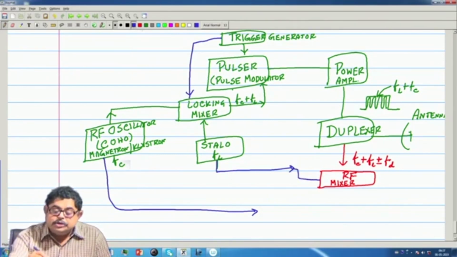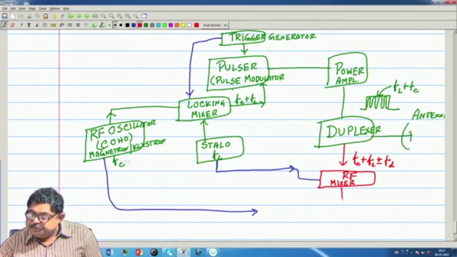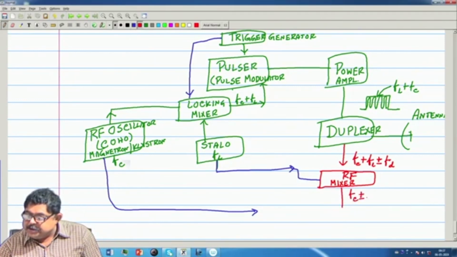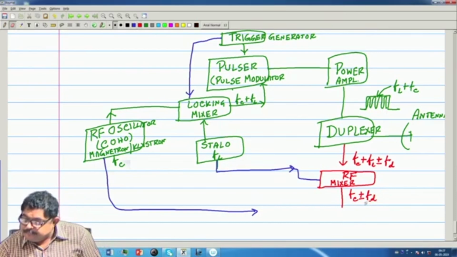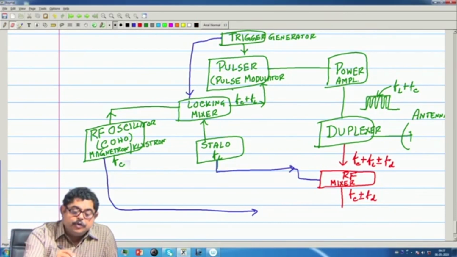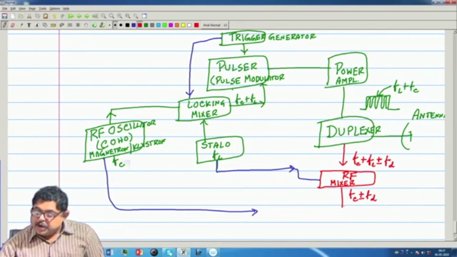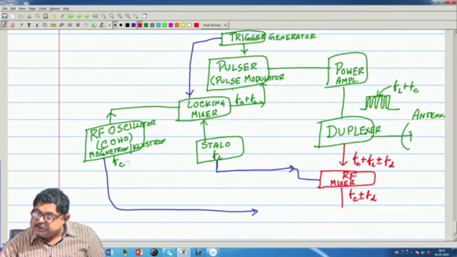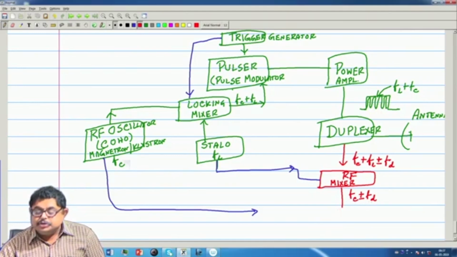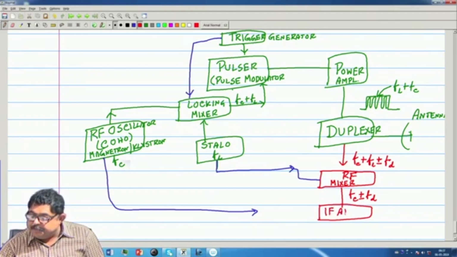So, its output will be FC plus minus FD. And now this is a very weak RF signal. So, this signal is again put to an IF amplifier.